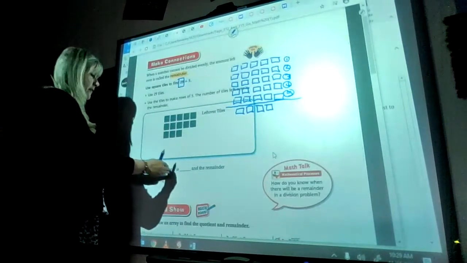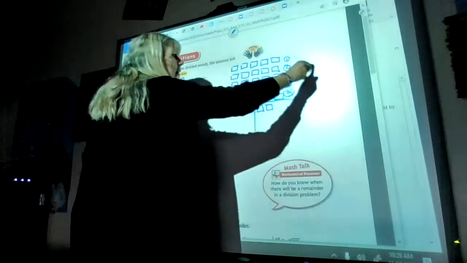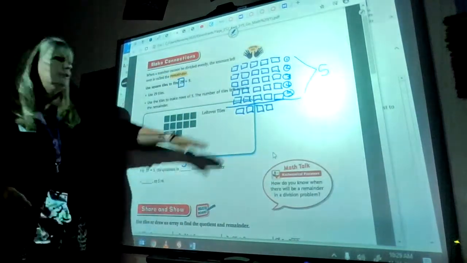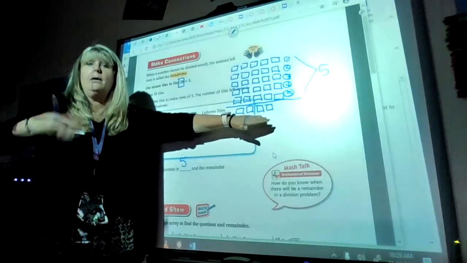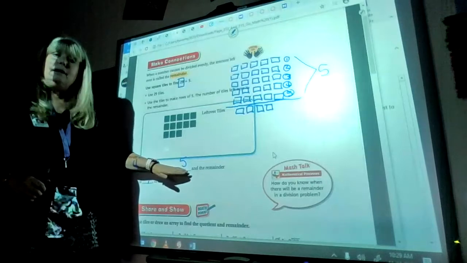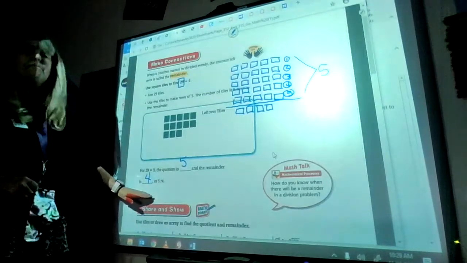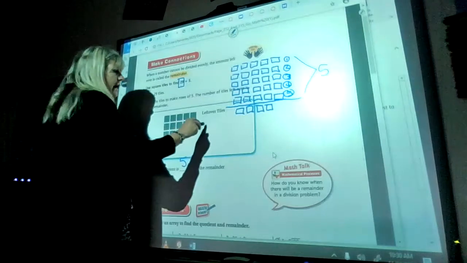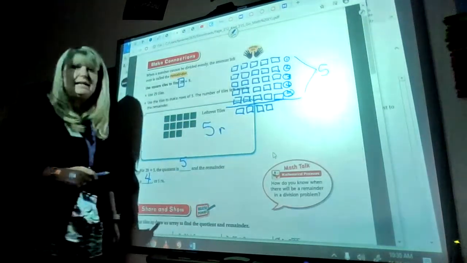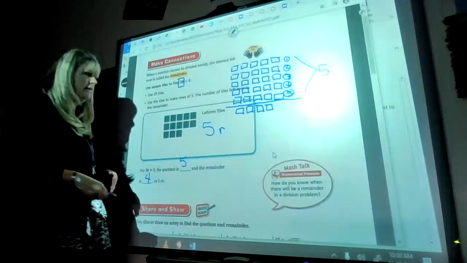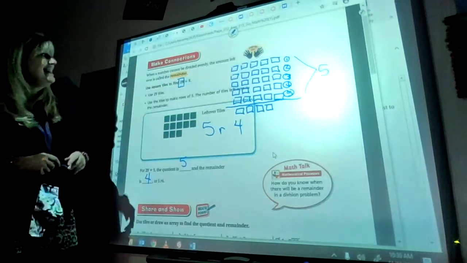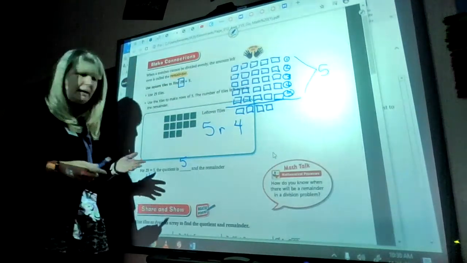So the quotient is 5 equal groups, and the remainder is 4 that did not make an equal group. So 5 is my quotient with a remainder of 4, or when you write it, 5 complete groups. That little r stands for remainder. That tells me those are the leftover. 5 with a remainder of 4. So that is the answer to 29 divided by 5.